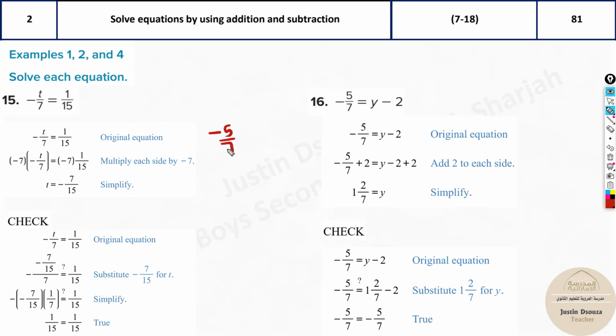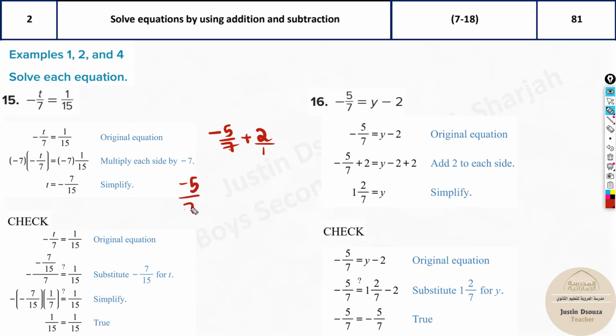Minus 5 by 7, minus 2 goes to the other side, becomes plus 2. So what basically happens over here is, you have nothing in the denominator. That means it's 1. Multiply 1 and 1, it remains the same thing.